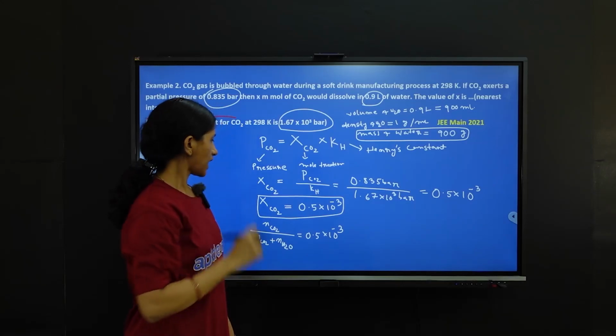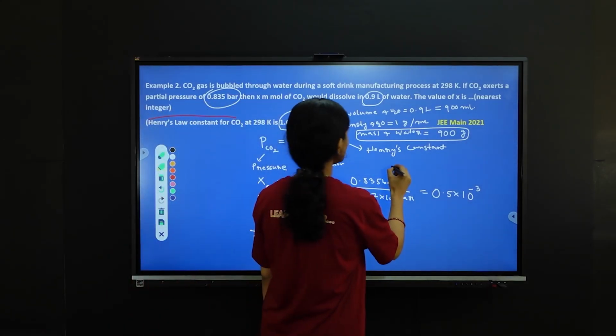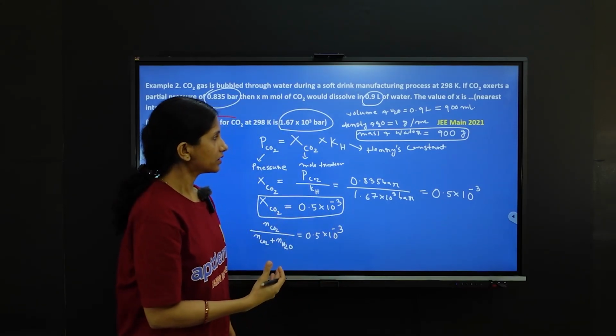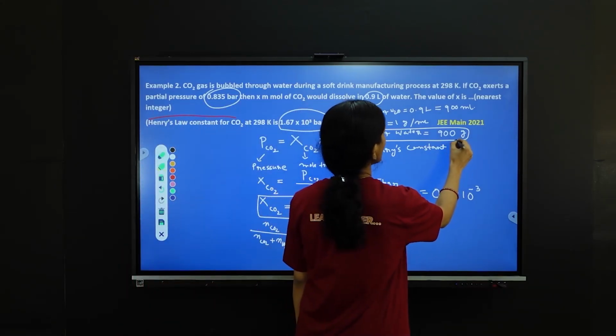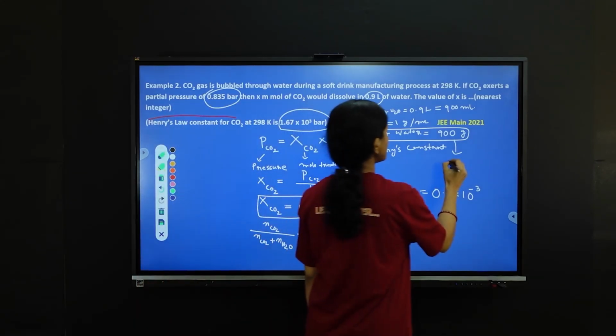Now if you want to calculate the NH2O, that is the number of moles of water, you can easily do that because you already know the mass of water, which is 900 grams.